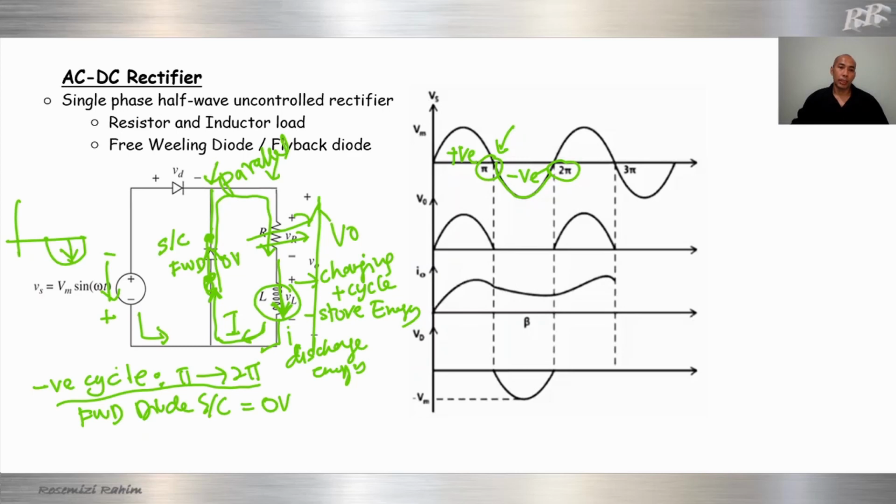So since the diode is a short circuit at 0 volt, V out will be 0 volt also, due to being parallel with the FWD freewheeling diode. So our output will be 0 volt.